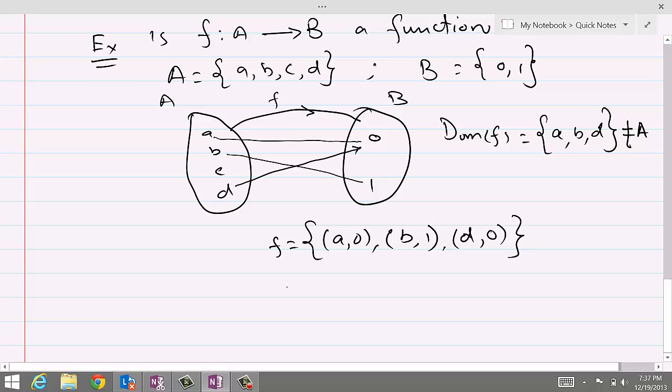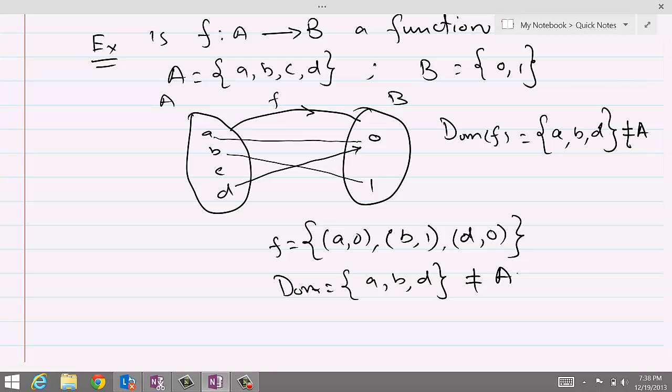Clearly the domain is equal to a, b, d, which is not equal to A. Our second condition got violated because it should be equal to A if this relation was to be called a function.